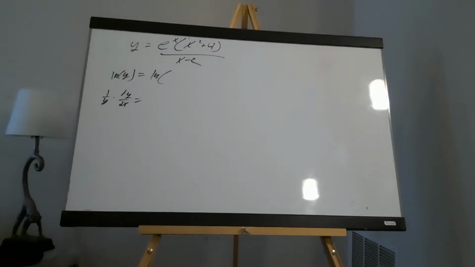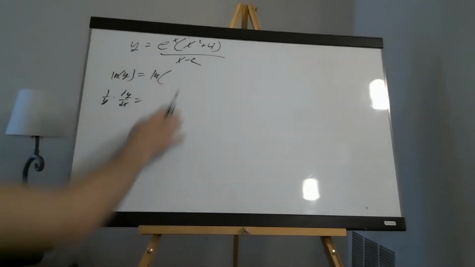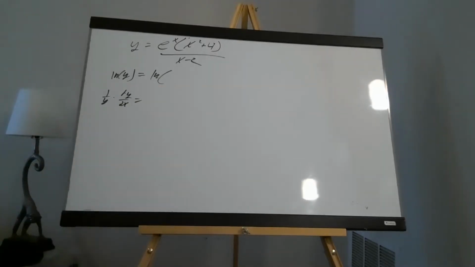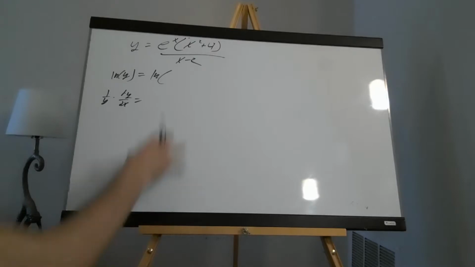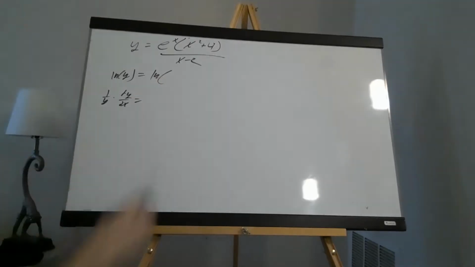And then we multiplied back by y on both sides to get dy dx. So what does that mean for this? We get dy dx is equal to this stuff.